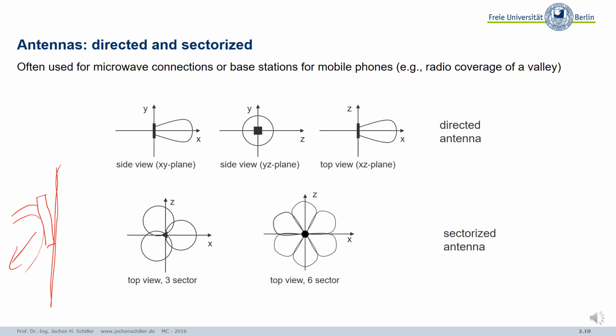But for mobile phones, yes, it's nice to have directed antennas for the base station, but if you look at the mobile phone, it's a little bit more difficult. Because the mobile phone might be on the table, might be tilted somehow. Usually it's somewhere close to the ear, maybe not, depending on if you have a headset, etc. So if this were purely directed antennas, we would have a problem.